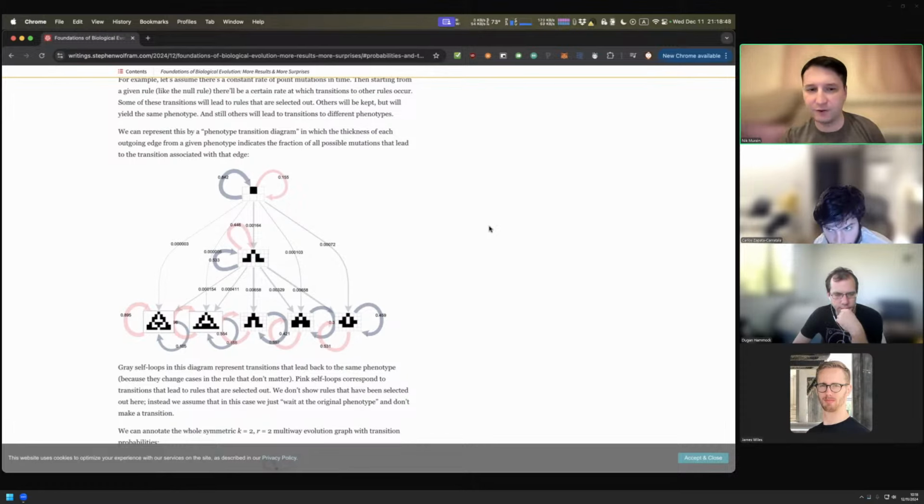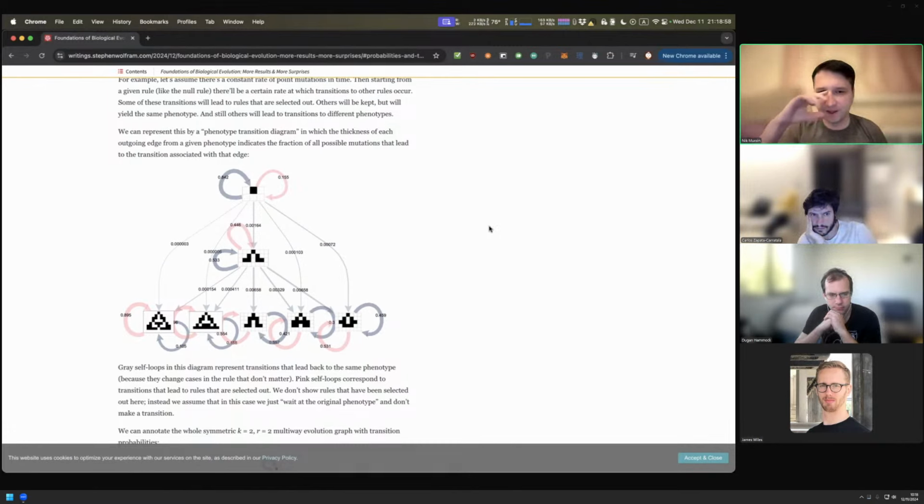Now you can treat those phenotypes as Markov states in a Markov chain. You see two loops because they have two different meanings. The gray loop, I think, is the one where the underlying rule behind that phenotype is still mutating. It just doesn't change its phenotype, but the rule still evolved.